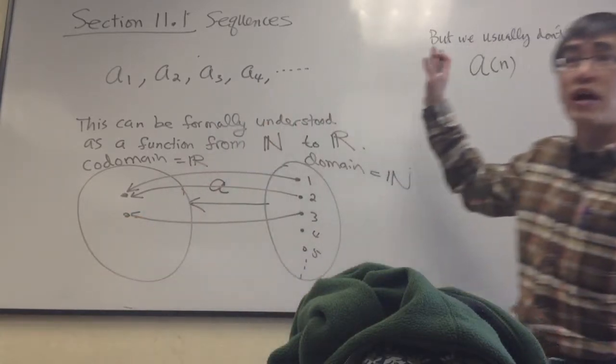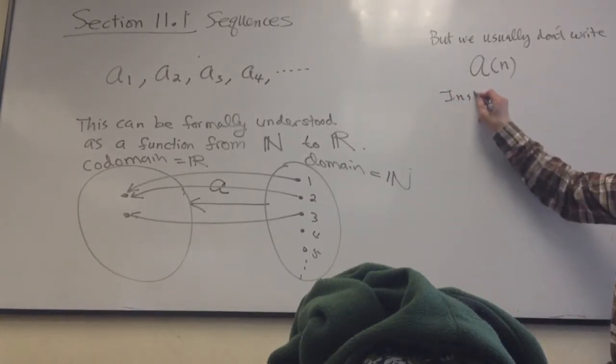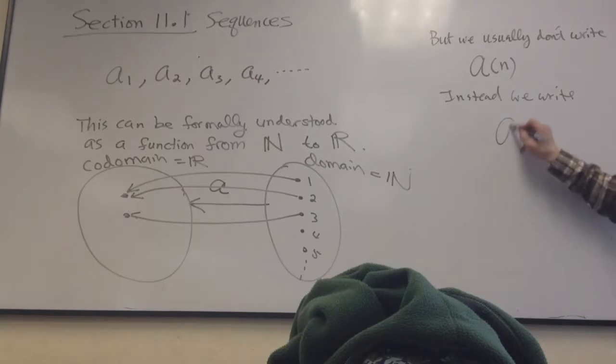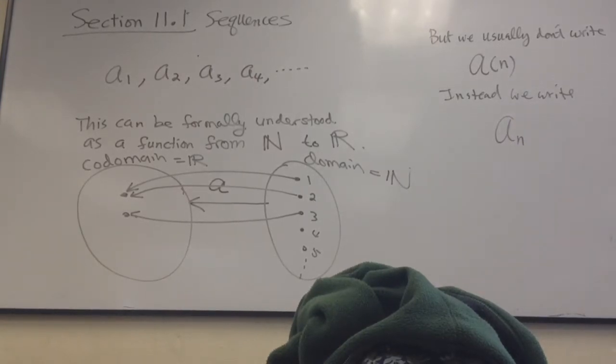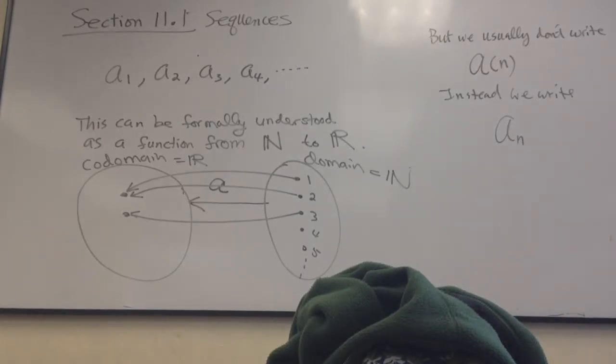That's the way we write it. We deal with functions just like f of n, f of 1, f of 2. But we usually don't write this. Instead, we use a subscript. So we write A sub n. But if necessary, you can think of it formally as a function from N to R.